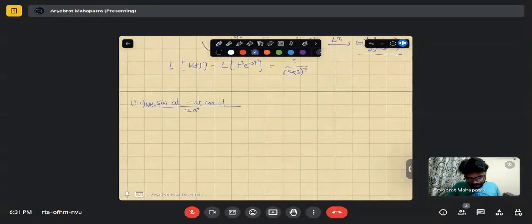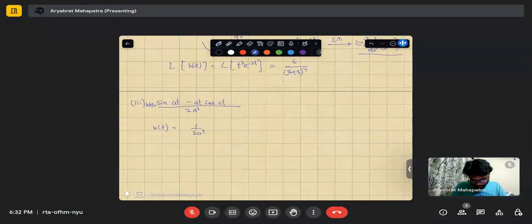Again, in this question, I can write this h of t in a more convenient way, as 1 by 2a cubed.